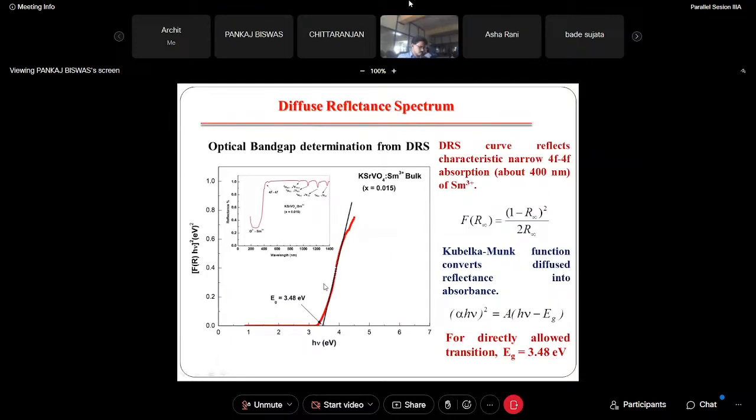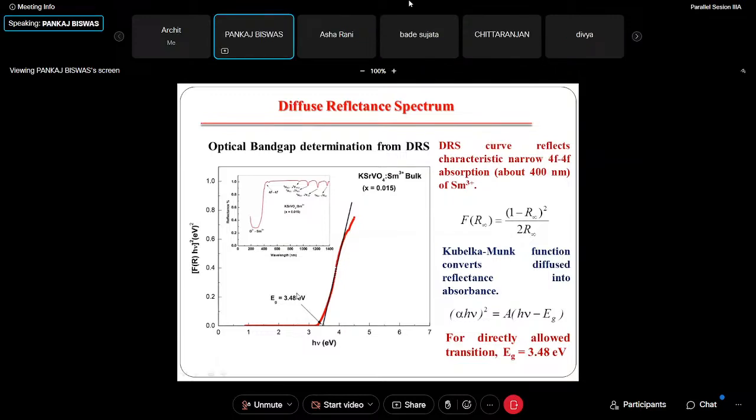The optical band gap was determined from the DRS plot, and the DRS studies were used to convert the data from the reflectance spectrum to the absorption spectrum. This is the Kubelka-Munk absorption function.